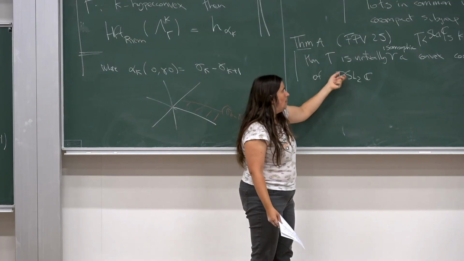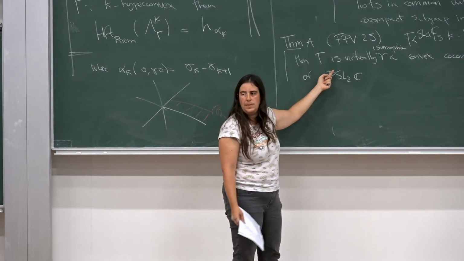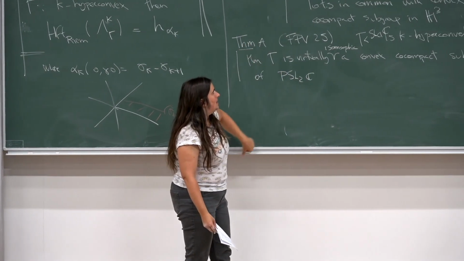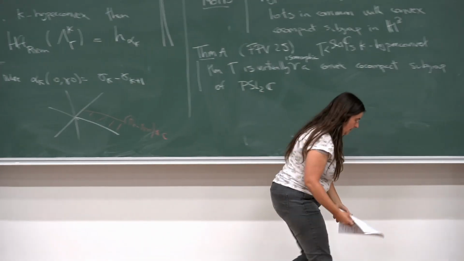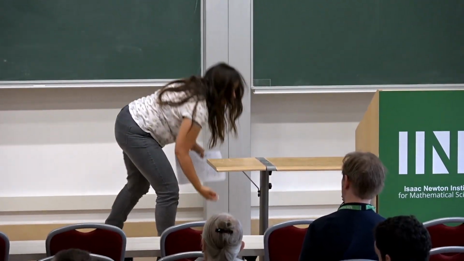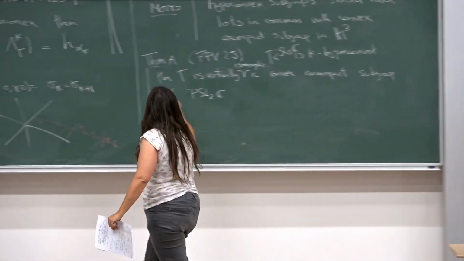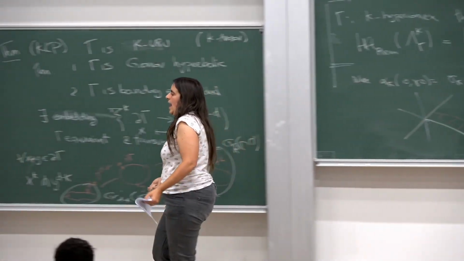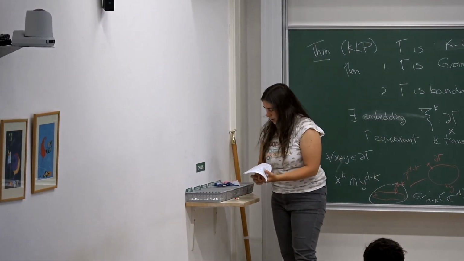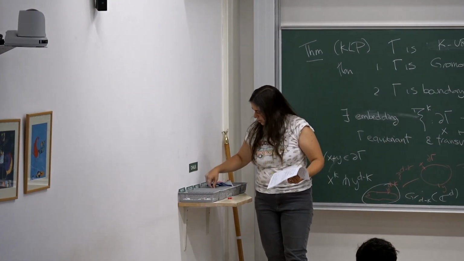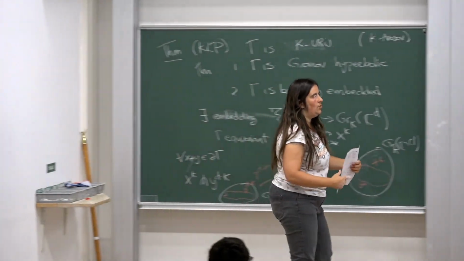It's a big restriction on all possible subgroups. And in this sense, this hyperconvexity has something in common with three-dimensional hyperbolic geometry.